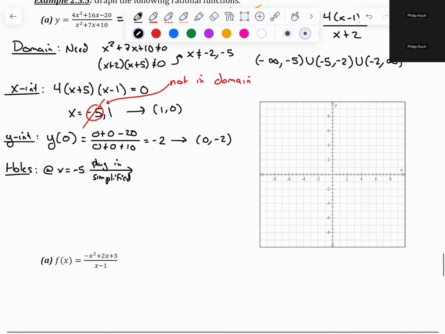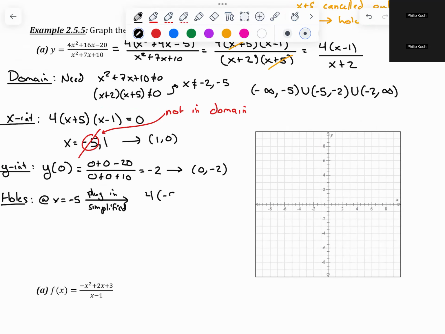So we plug in 4 times negative 5 minus 1 over negative 5 plus 2. That gives me negative 24 divided by negative 3, which is positive 8. So we have negative 5 comma positive 8 as our hole.